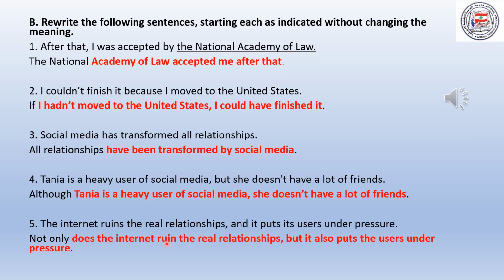And since in number 5, ruins ends with S, we have to add the auxiliary does. Not only does the internet ruin the real relationships. Why ruin? Because now S is a part of does, but it also puts the users under pressure.